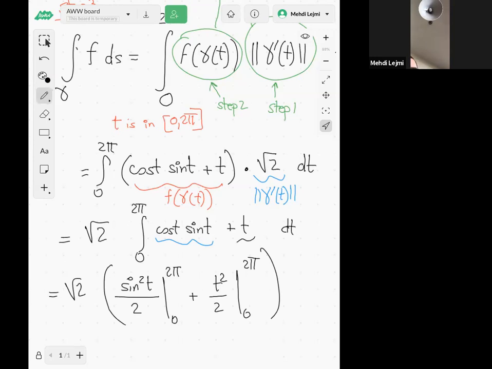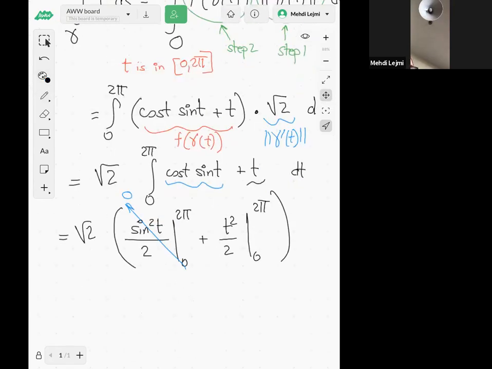So this thing here is just 0. And then we have this t squared over 2. So t is equal to 2 pi, so this is 2 pi squared over 2, and that would be 4 pi squared over 2. That would be 2 pi squared times square root of 2.